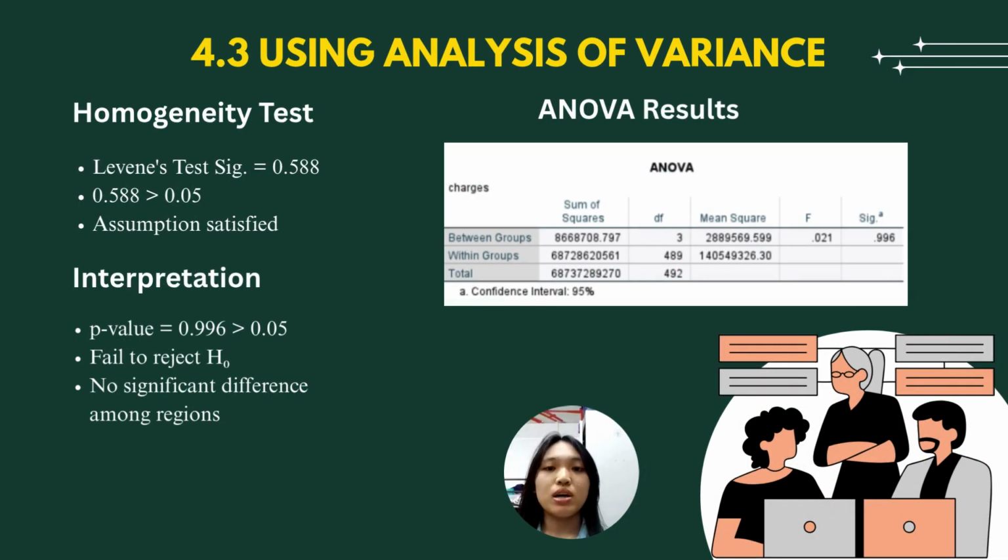Before conducting ANOVA, Levene's test was performed and produced a significance value of 0.588, indicating that the assumption of equality of variances was satisfied. The ANOVA test produced an F-value of 0.021 and a p-value of 0.996. Since the p-value is greater than 0.05, the null hypothesis is not rejected. Therefore, there is no statistically significant difference in life insurance charges across all regions.